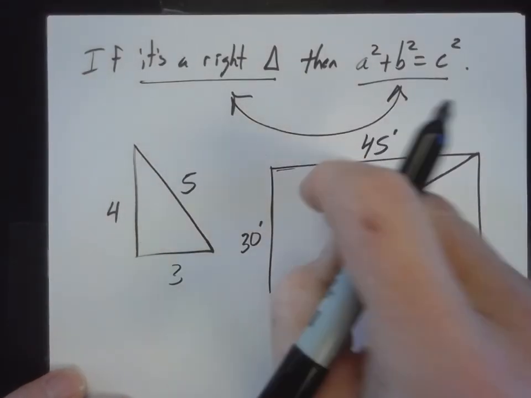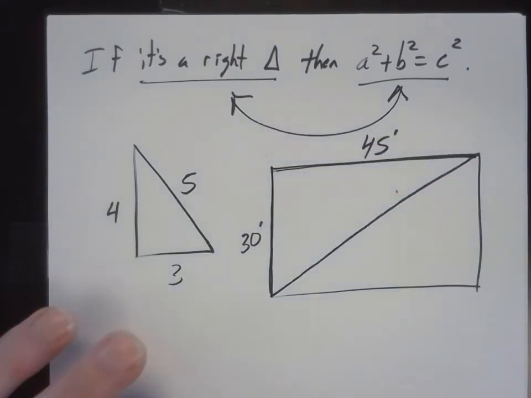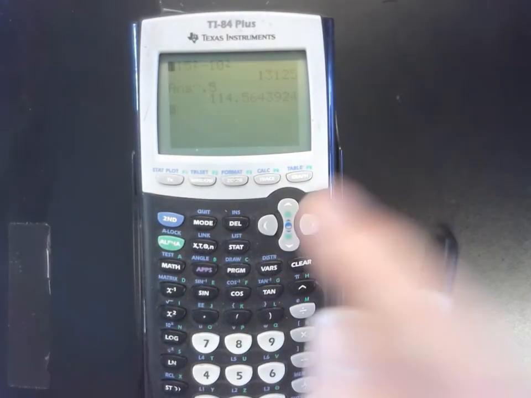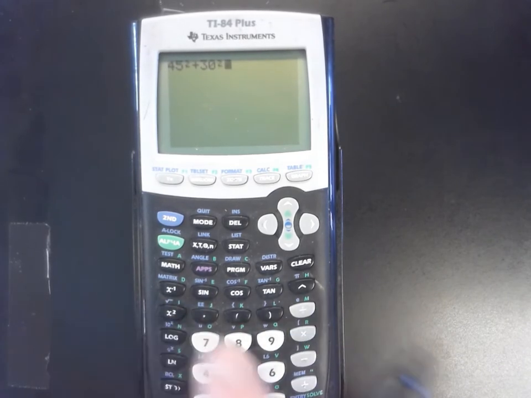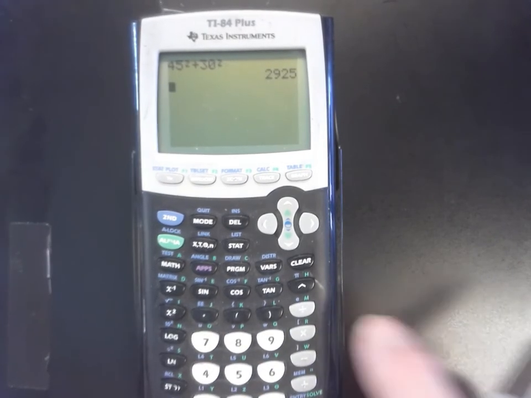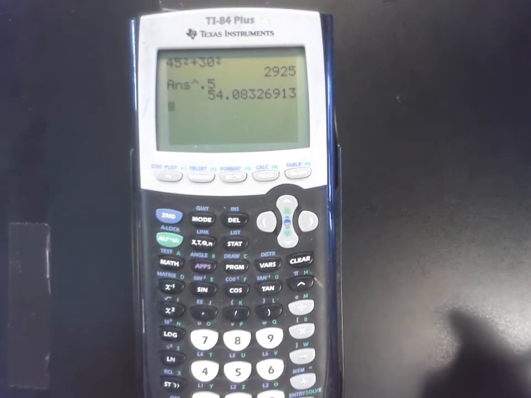And so as long as I make sure that's 45 feet and this is 30 feet, I guess I'm going to use the Pythagorean theorem. Raised to the 0.5. 54.08. What's 0.08 feet?